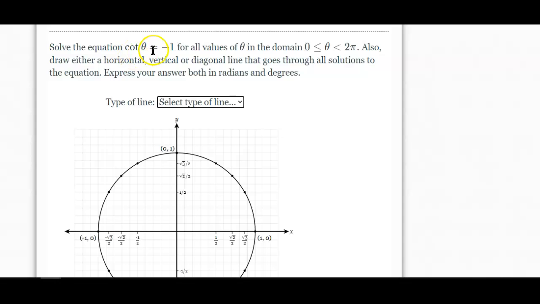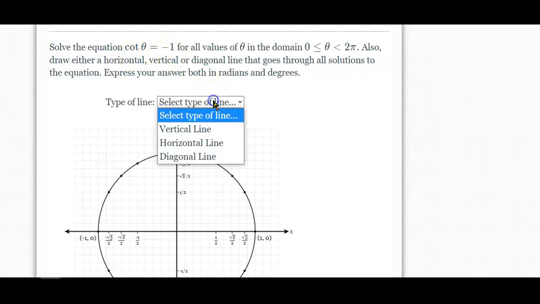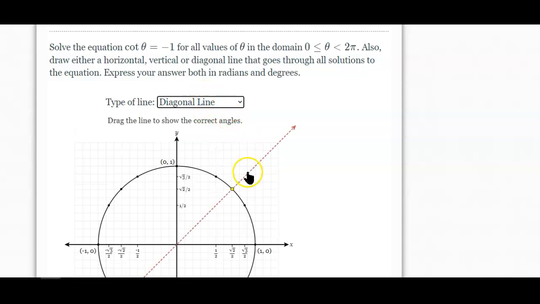This one says cotangent is negative 1. Cotangent is a slope issue, so we're going to graph a diagonal line, and we need one whose slope is negative 1, or whose y over x would be negative 1.